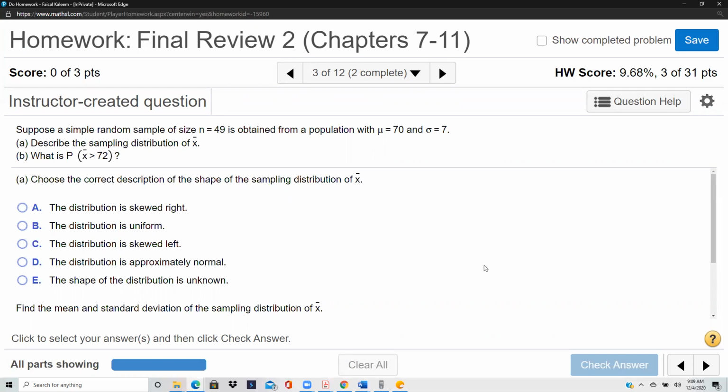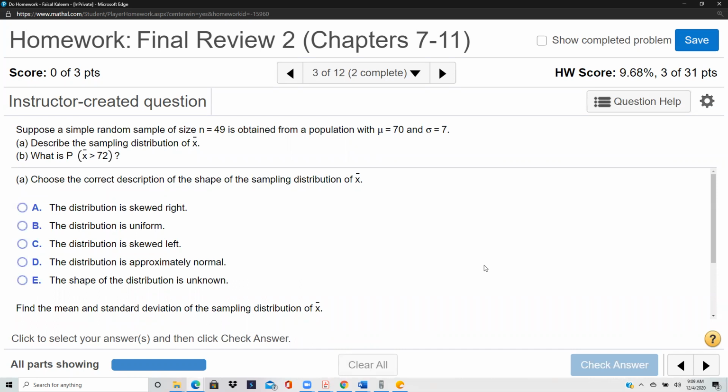Would we have to put this information in StatCrunch to see the shape of it? No. Here they don't tell us that it's normal, right? Right. But remember that rule that when the sample size is bigger than 30, then the sampling distribution is normal.